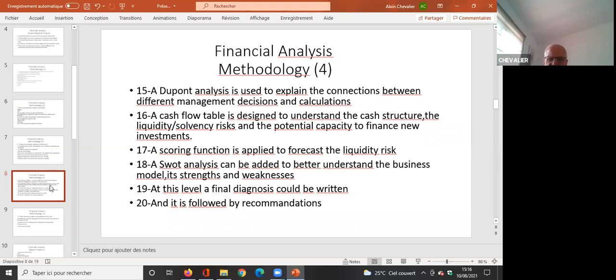Point 18 is on the SWOT analysis. The SWOT analysis can be added to better understand the business model. If you want to give a kind of reasonable presentation of the conclusions of financial analysis, you need to understand the business model. Business models are very different one from the other.